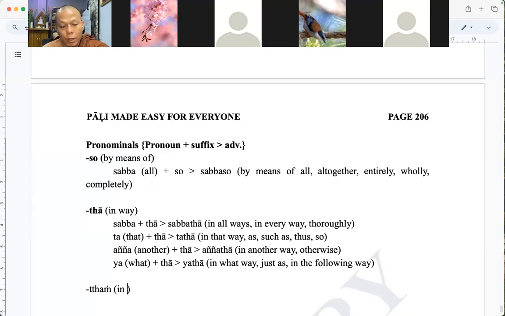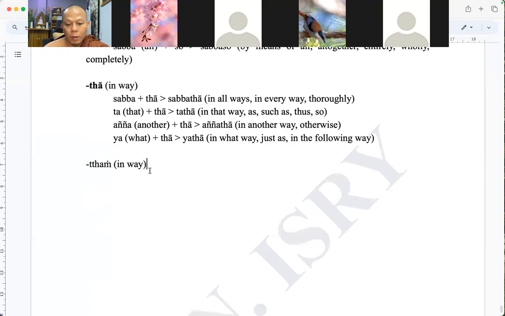So for example, kim. So kim is an interrogative pronoun, what, for a question, but that kim is changed to ka.